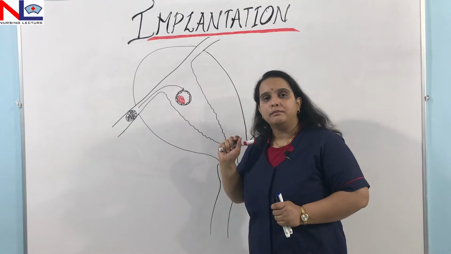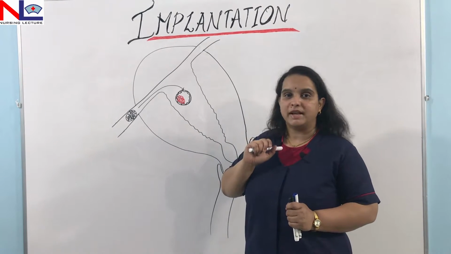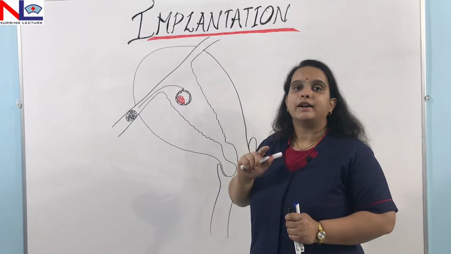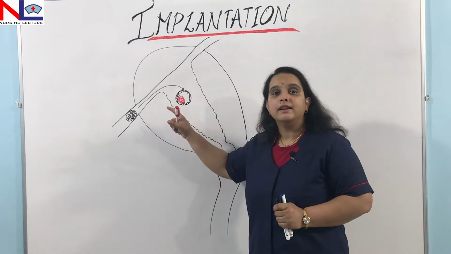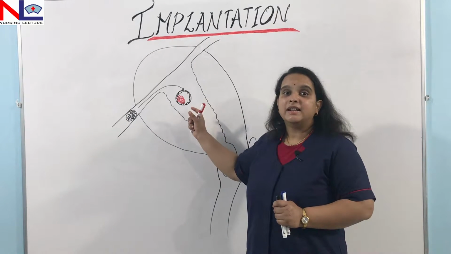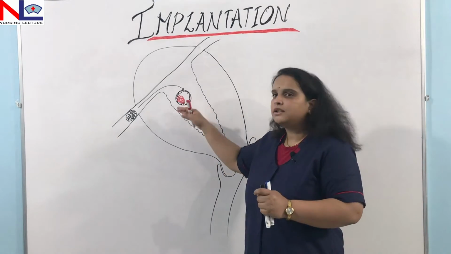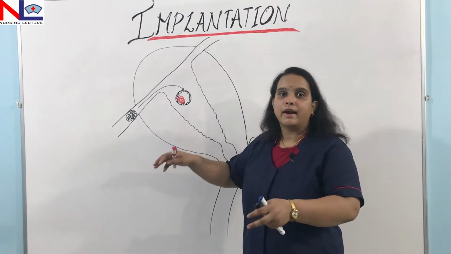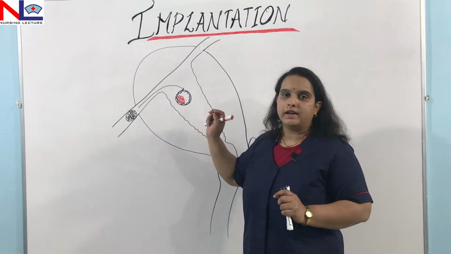In the endometrium also there are two layers: the stratum basalis and the stratum functionalis. The invasion is going to take place in the functional layer. It doesn't invade deeply into the basal layer or go beyond that into the myometrium or the perimetrium. It just invades the functional layer.